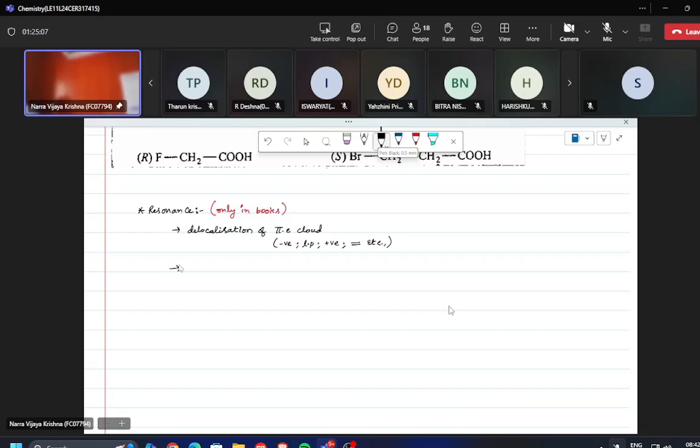Resonating structures are canonical forms. Tautomers exist in reality. Resonating forms don't exist in reality. Clear? So what happens here? The relative position of atoms does not change.